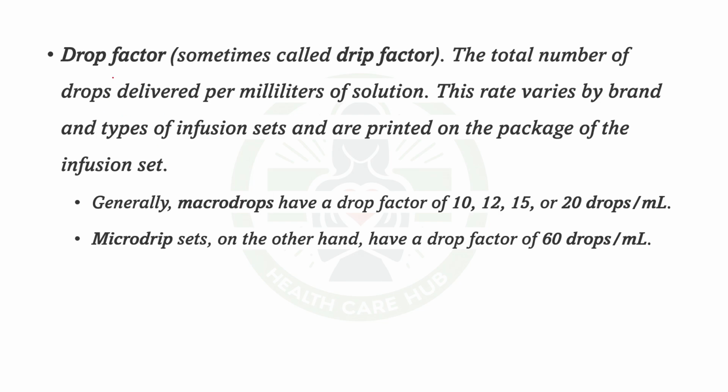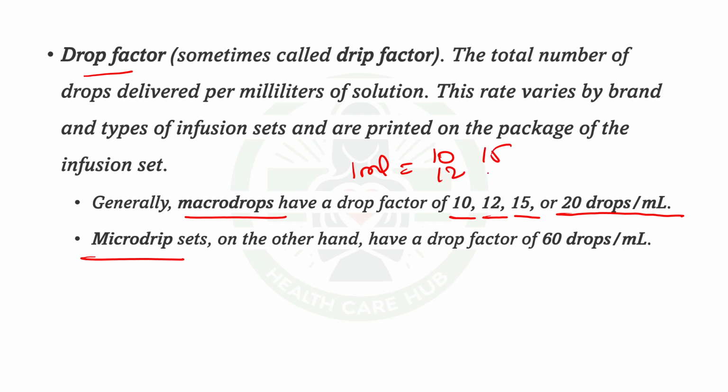Then drop factor, sometimes we also consider the drop factor. In the drop factor, we must also learn about macro drop and micro drop, the micro drip set. The macro drop set is available in 10, 12, 15 and 20 drops per ml. So 1 ml can be either 10 drops, 12 drops, or 15 or 20 drops. This is in the macro drop set.